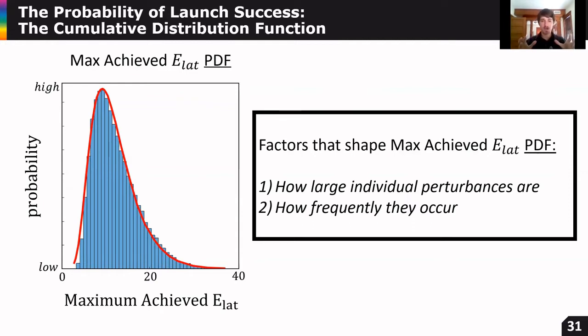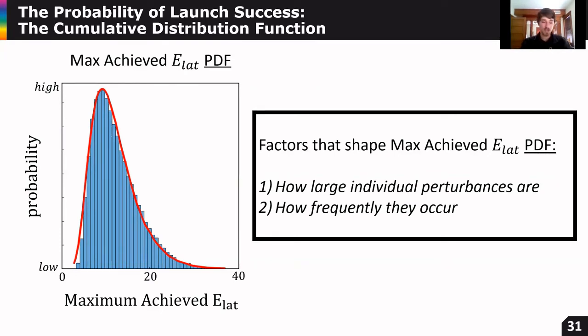That's determined by how large individual perturbances are and how frequently they occur. With small perturbances that don't happen very often, we can expect quite stable flight. But with large perturbances that happen often, we can expect the sail to probably fall out pretty quickly.